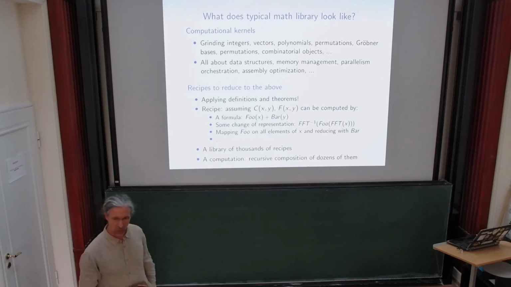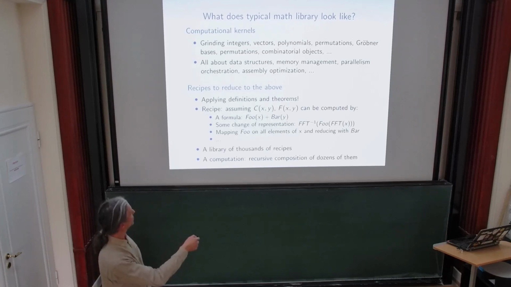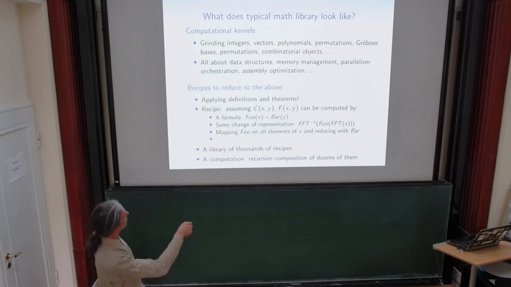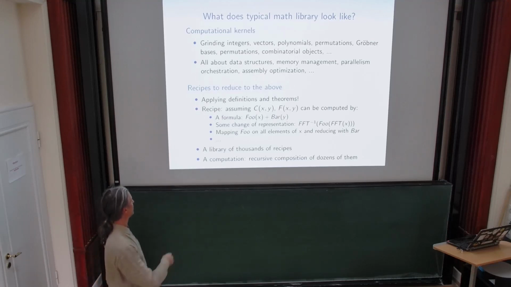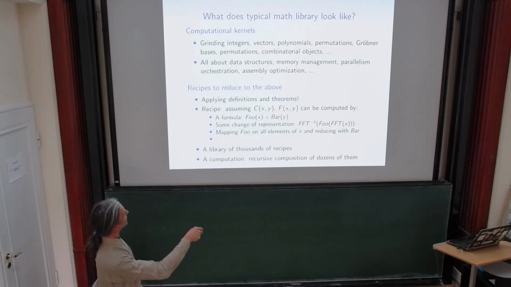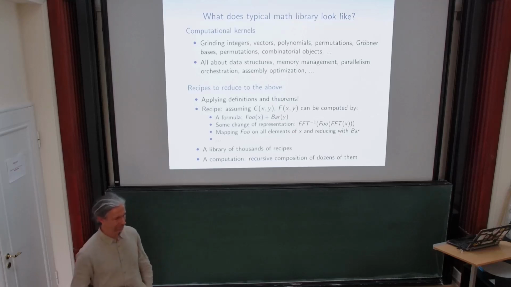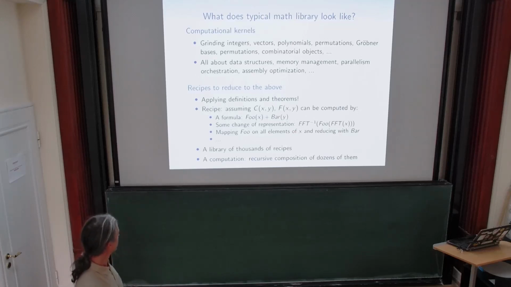And so what does it look like? Essentially, it's applying definitions and theorems. And all of these definitions and theorems turn into recipes like this. So we're assuming that we have these objects, and then this can be computed by using some formula, maybe some change of representation, and mapping, and so on. All these nice algebraic features they can do.